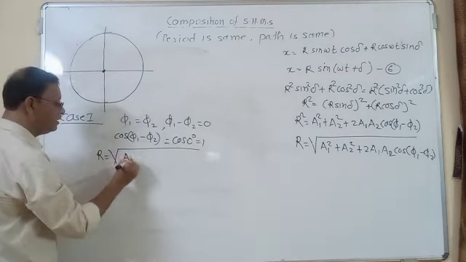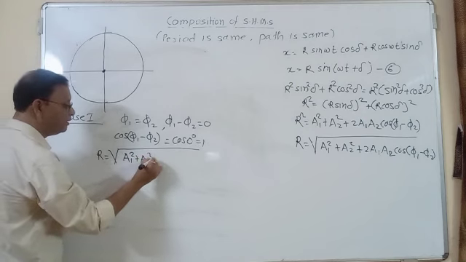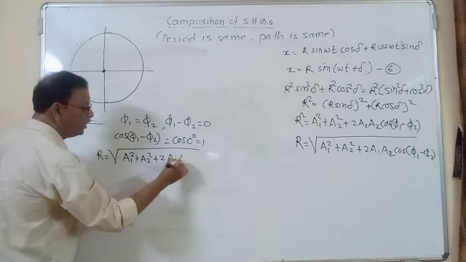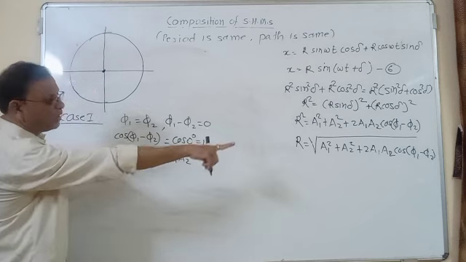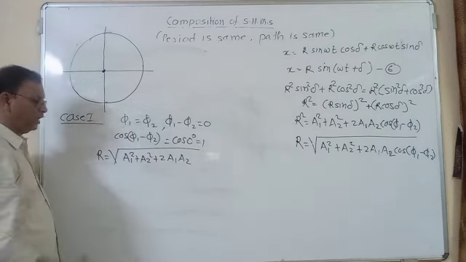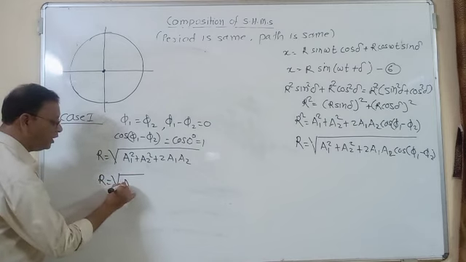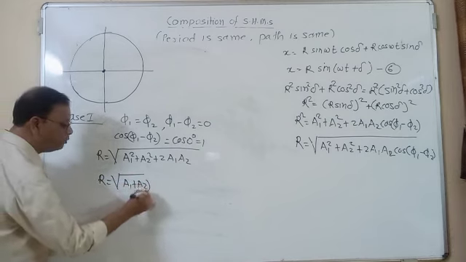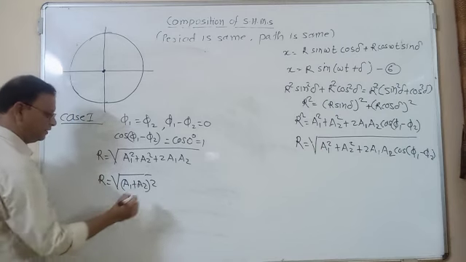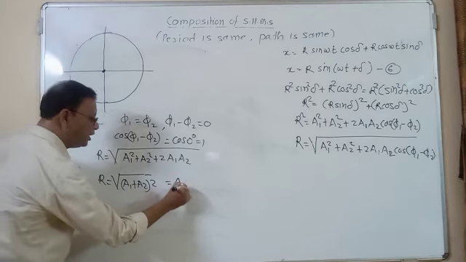A1 square plus A2 square plus 2A1 A2, because cos (phi1 minus phi2) is equal to 1, and this is equal to R is equal to square root of (A1 plus A2) whole square, that is equal to A1 plus A2.